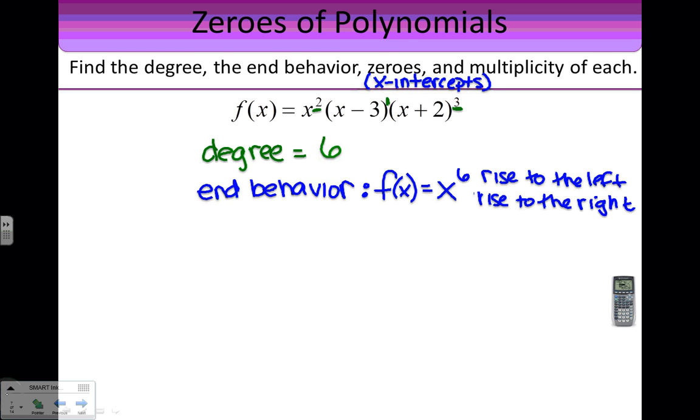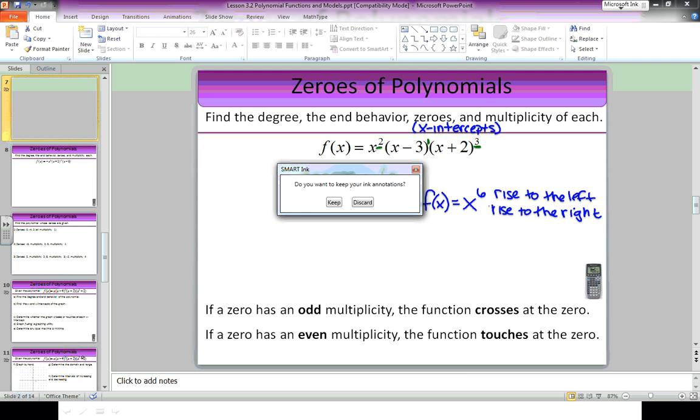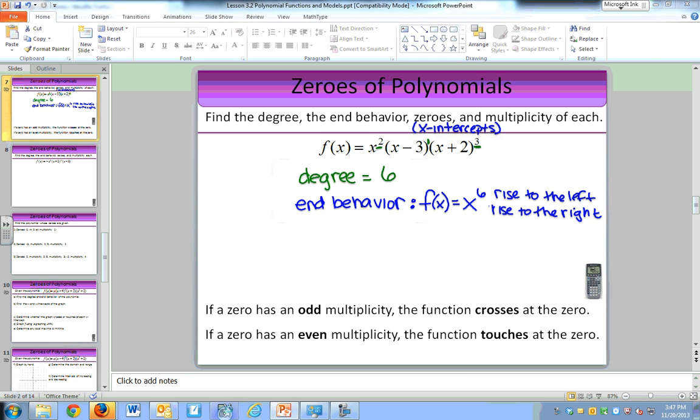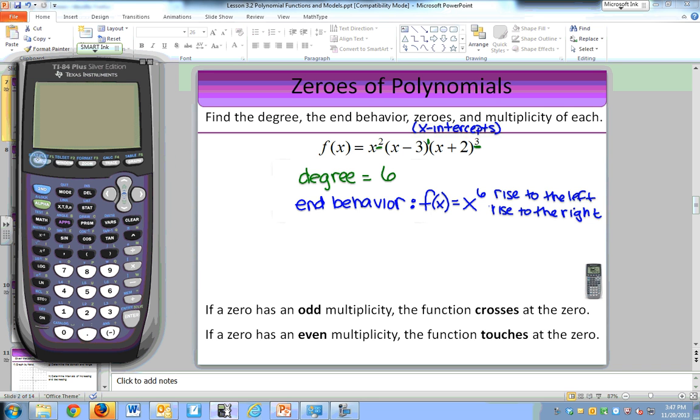So you can always check that on your calculator. So if I were to put in y is equal to x to the 6th, I'm just going to graph zoom 6 in my normal.